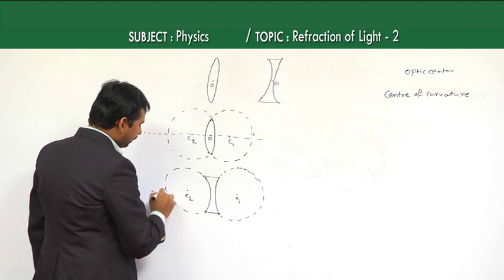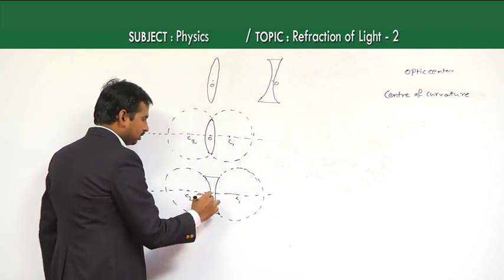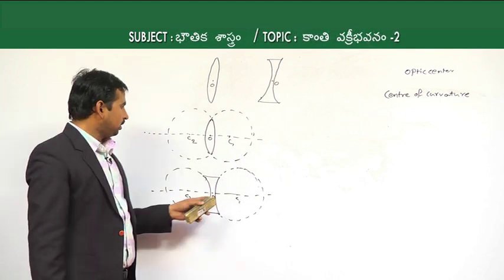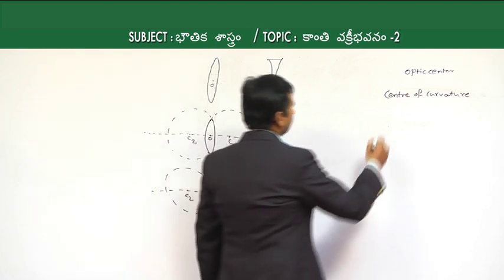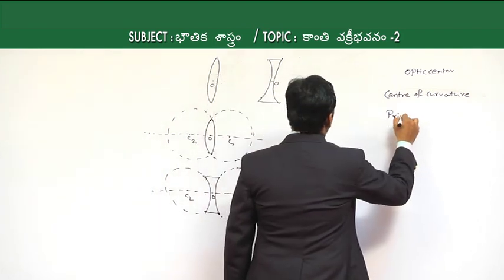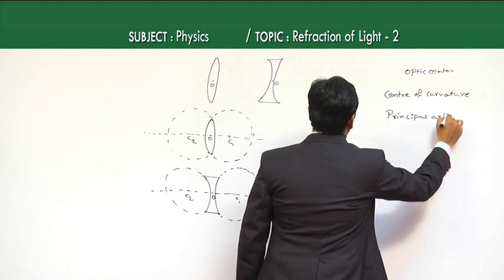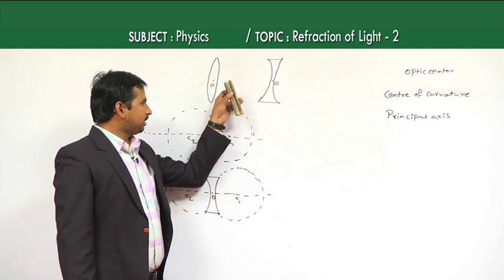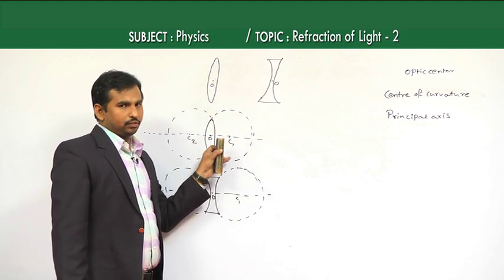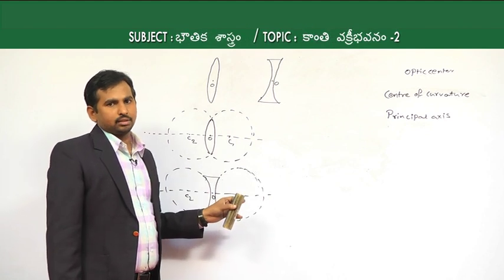The line joining C2 and C1 we call the principal axis. This is called principal axis. Now we have the optic center, center of curvature and principal axis.